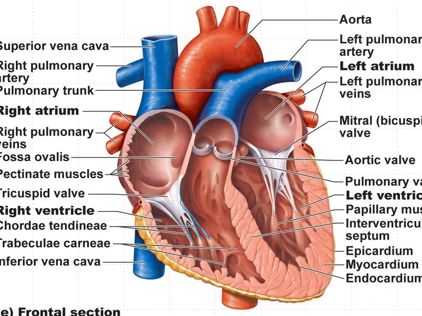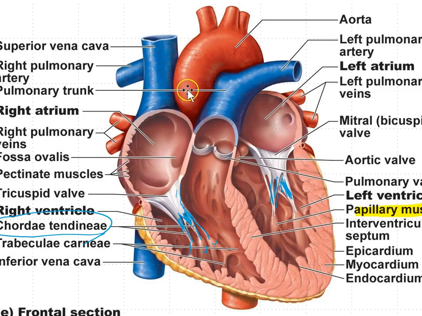Okay, so these strings we call chordae tendineae. So chordae tendineae are the structures connecting the atrioventricular valve to the wall of the ventricle through the papillary muscles. And also here you can see the chordae tendineae. So this part is chordae tendineae, and we have the papillary muscle here.